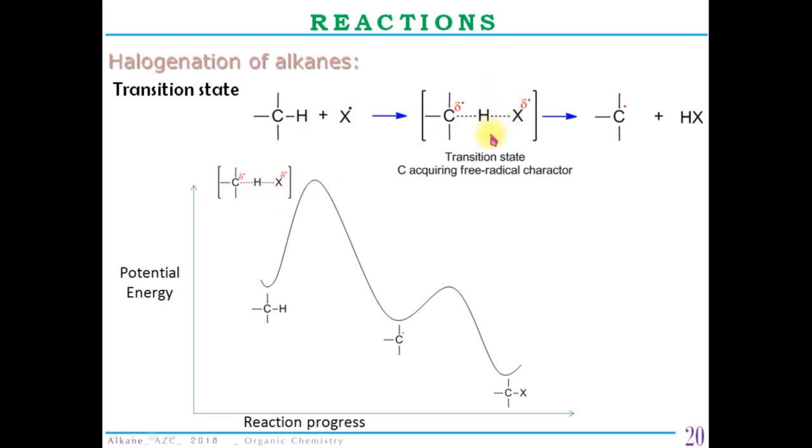So it is better to zoom in on this reaction, where if you see there is partial bond breaking, and here is the partial bond making, and we will see a relative radical charge on carbon and halogen. So this is the molecular interaction in transition state.